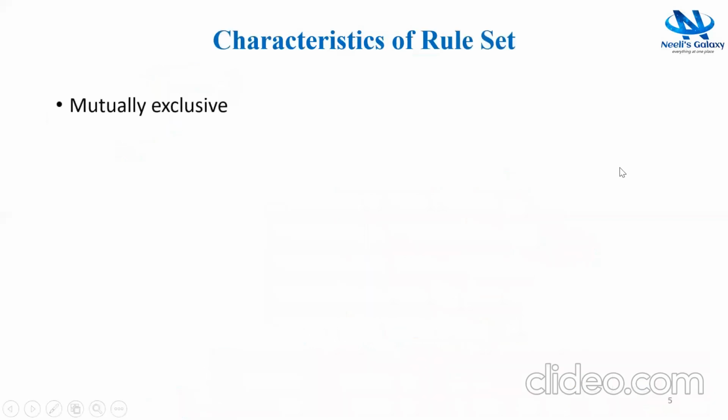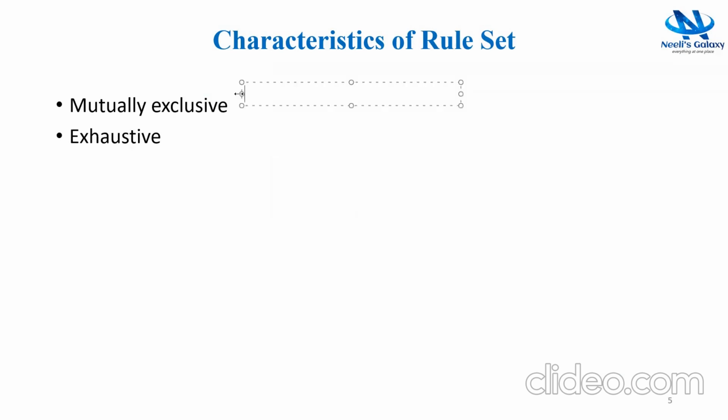Next, coming to the characteristics of the rule set, we have two basic characteristics: mutually exclusive rules and exhaustive rules. What are the conditions to say that the rule set is mutually exclusive, and what are the conditions to say that the rule set is exhaustive?